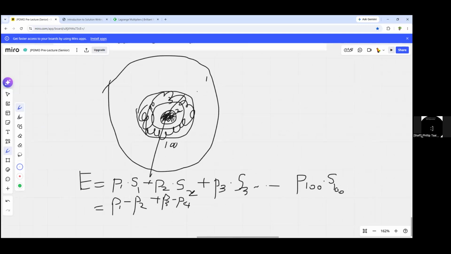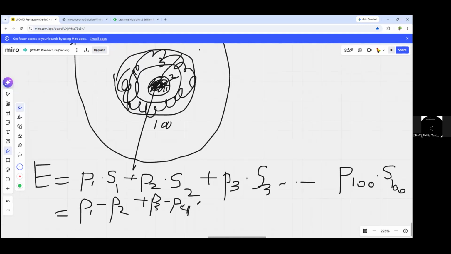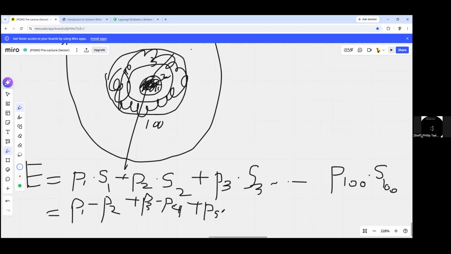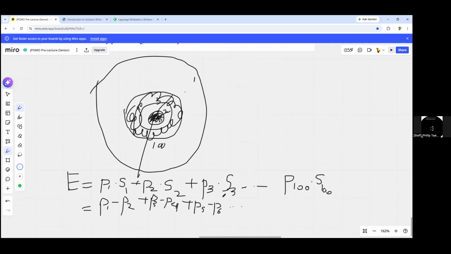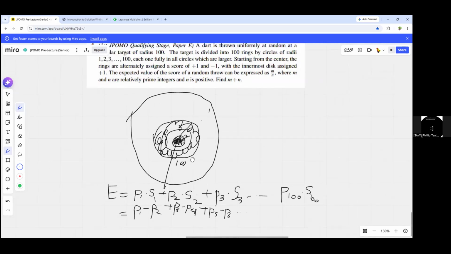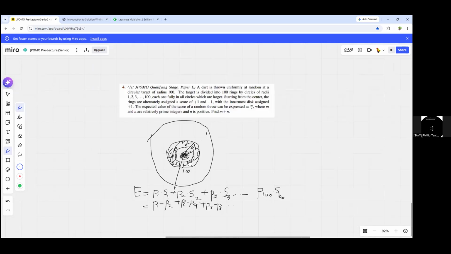Anyways, does anyone have any idea of how to get a probability to hit each ring?